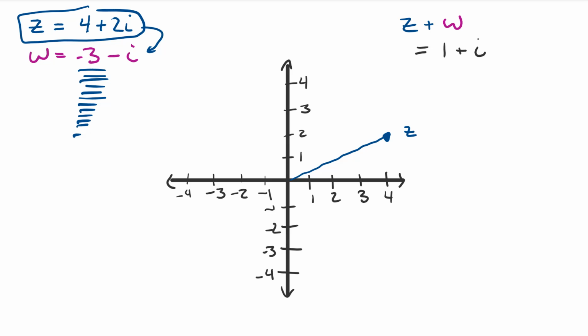Go -3, so let's go back 1, 2, 3. We go back by that. And then it says we're supposed to go back down by 1. So where's that end up being? Isn't that going to be 1, 1? Because going down from 2 gets you to 1, and going back from 4 three units takes you to 1, which would be right here at 1 plus i.